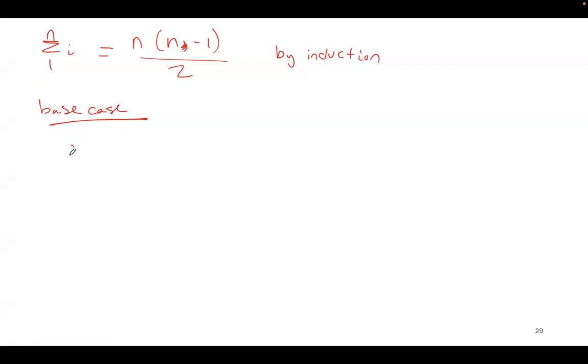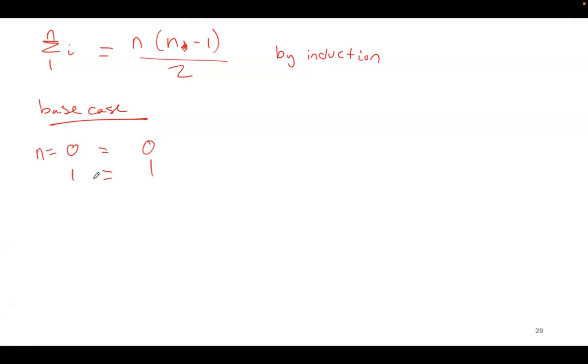So if n equals 0, the sum is just 0, right? We're not adding anything. If it's 1, the sum of 1 number is just 1.